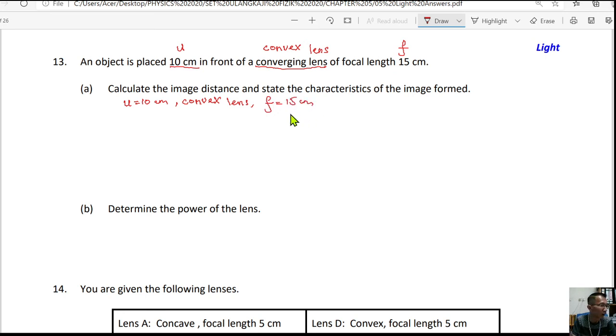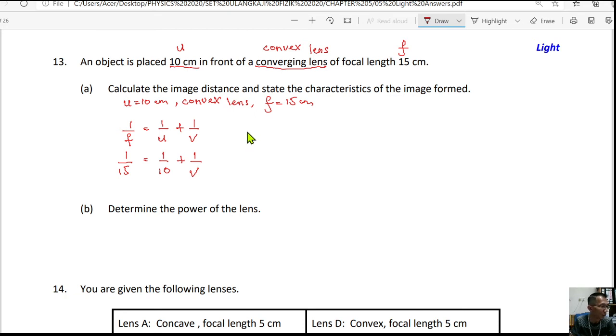So what formula am I going to use? In lenses, I have this formula: 1 over f equals 1 over u plus 1 over v. So just plug in the values: 1 over 15 equals 1 over 10 plus 1 over v.